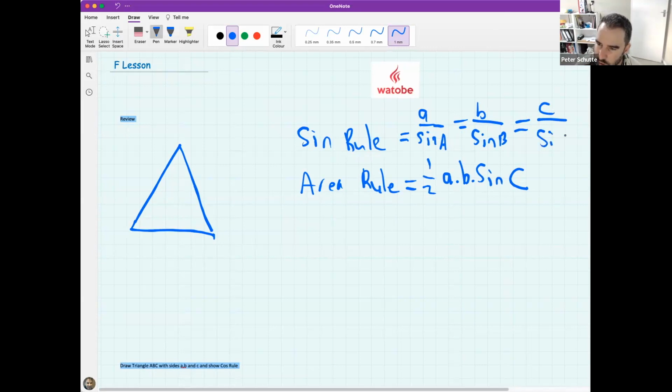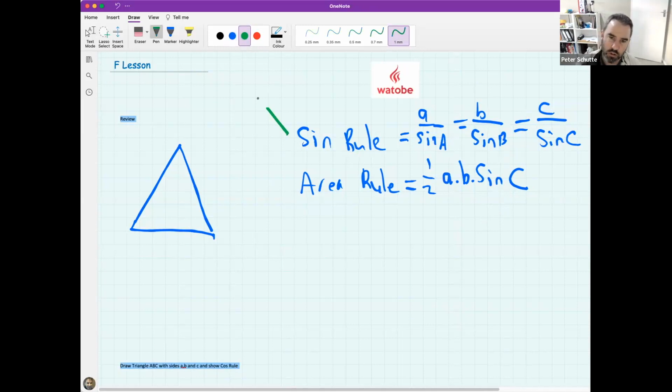Can anybody tell me what we did? I suppose the area rule is kind of explanatory. It finds the area of a triangle, but what did we use the sine rule to help us do? So here we go.